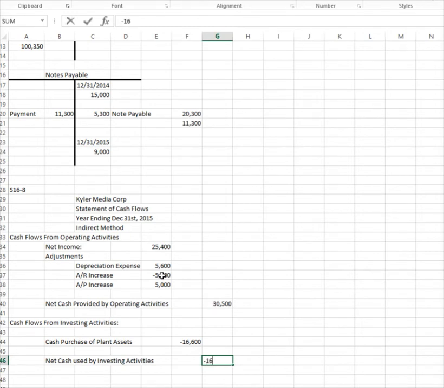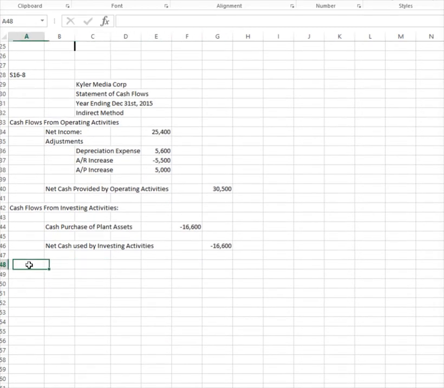And that's just carrying that number over. Scoot up a little bit here. Then we have cash flows from our financing activities.